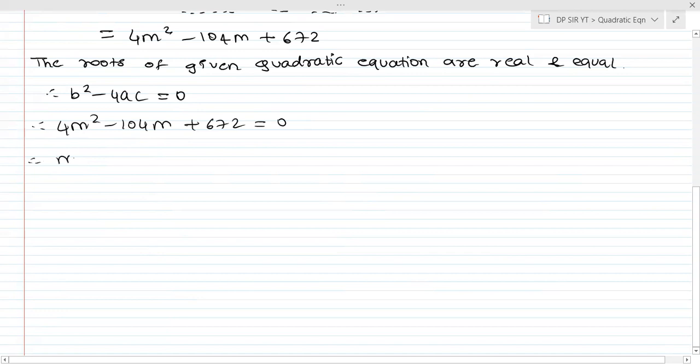So you will get m square minus 26m plus 168 is equal to 0, since 104 is in the table of 26. If you can't divide directly by 4, then I would suggest divide by 2 and then proceed further, okay? But I hope that being in 10th standard at least you have tables by heart up to 26, 28, okay? At least up to 30 while dividing by 4. And if not, it's not necessary that everyone has tables by heart, but have a habit of doing calculations, okay, so that it's easy.